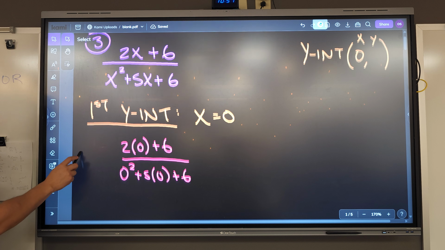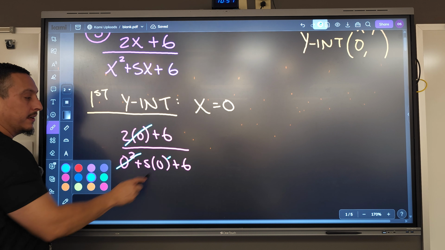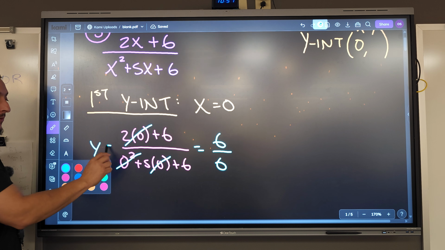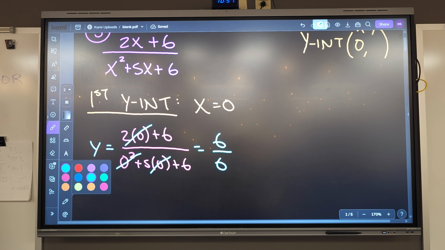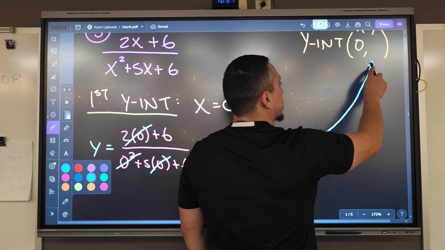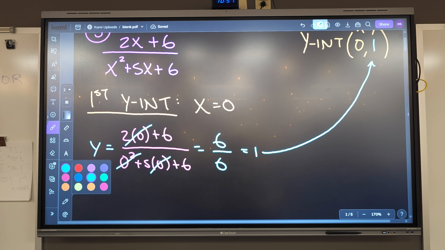If you do that math, all those zeros just cancel. And so you just end up with 6 over 6. Remember, this is y equals. And 6 over 6 is just 1. So there's our y-intercept. It's going to touch at (0, 1).